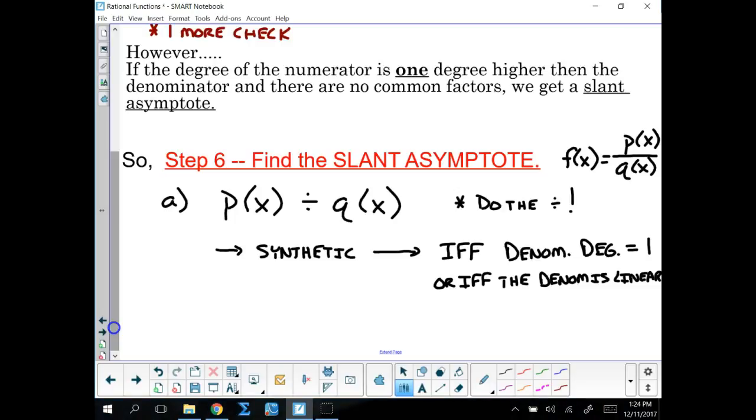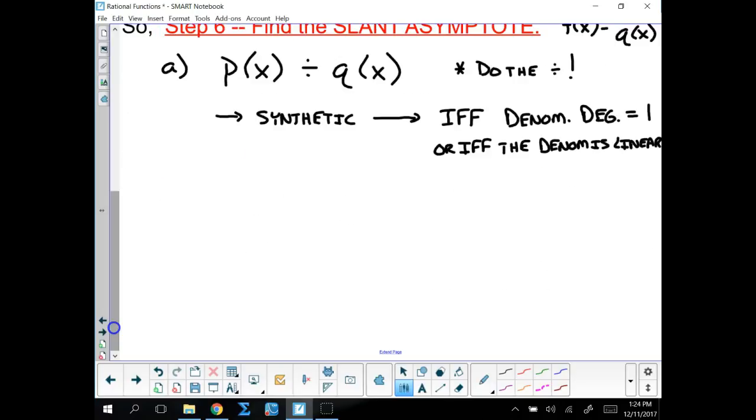So we can use synthetic there. If not, what's our other choice? Long division. And long division works all the time. So those are two choices. So you're going to do that division.